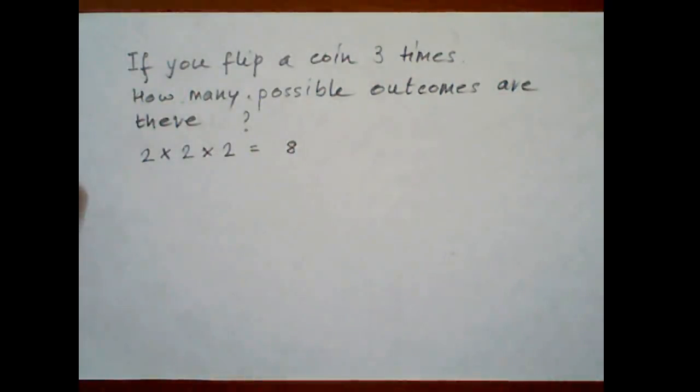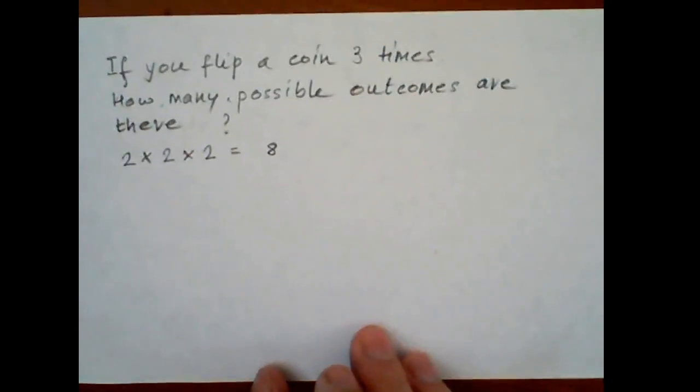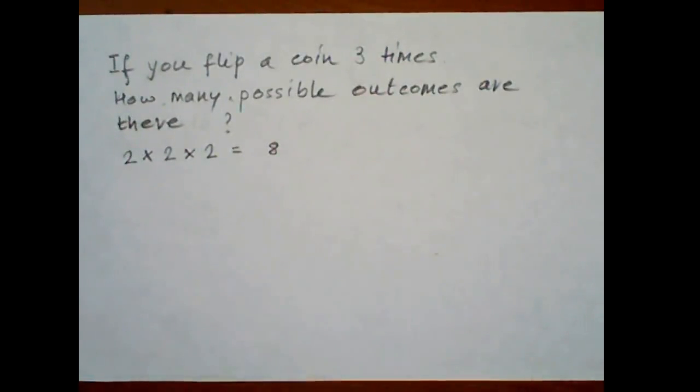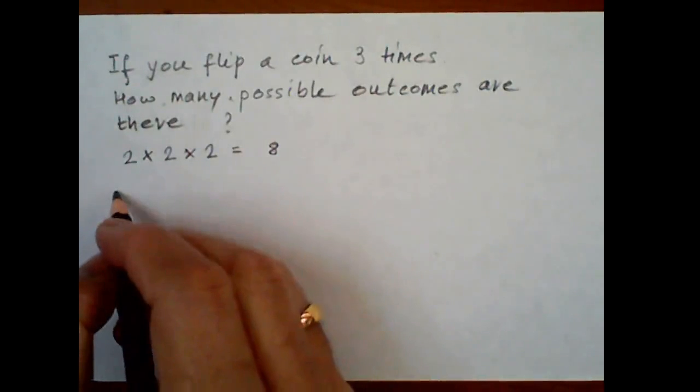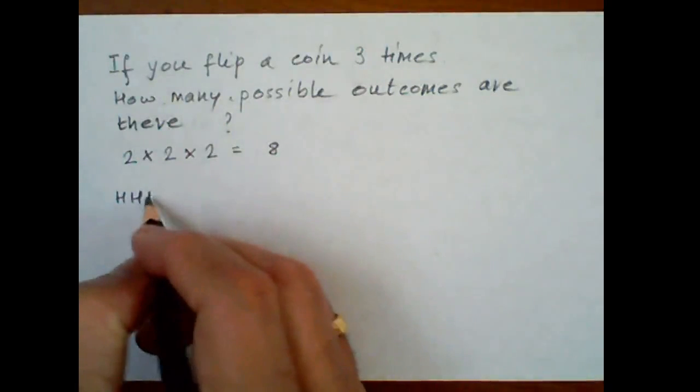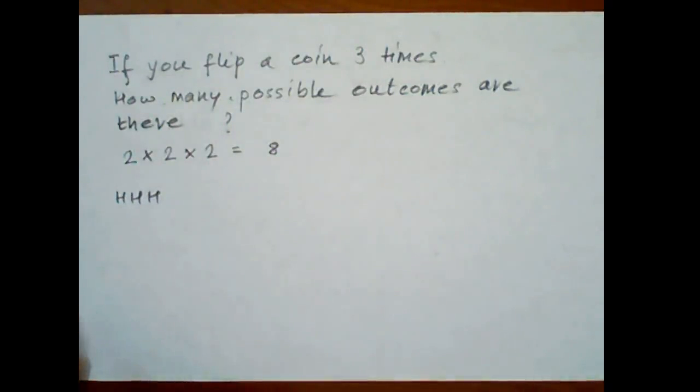Alright, so what we will do is we will list out all the possible outcomes, because that is going to be the basis for the next problem that we are going to solve. So the outcomes are H, H, H, all 3 heads.